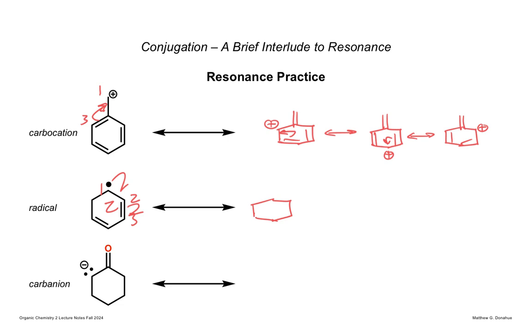So the radical now moves to position 3 there. So this one's going to have 3 resonance forms.